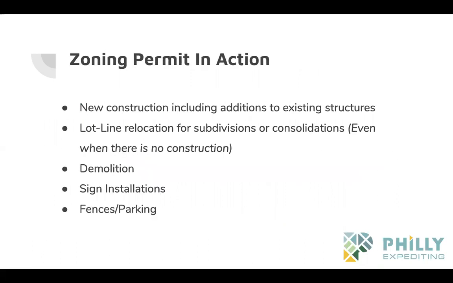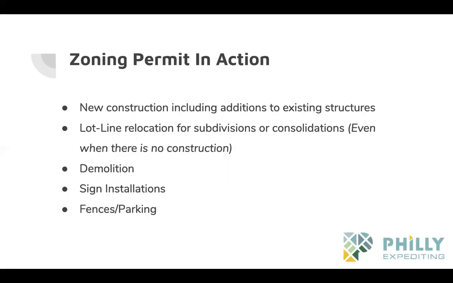So zoning permit in action: new construction, of course, which we just talked about, and this includes additions to existing structures. Lot line, so the city can contradict itself sometimes because it says all new construction, but lot line relocations have no construction if you're just applying for the lot line relocation on its own.